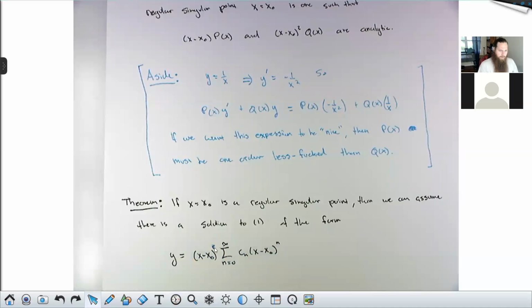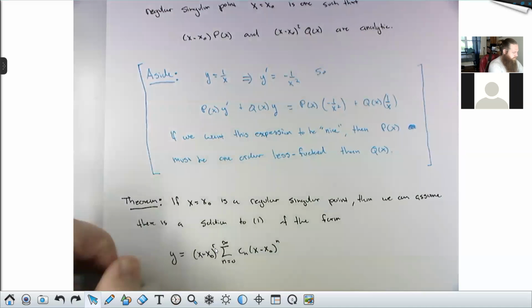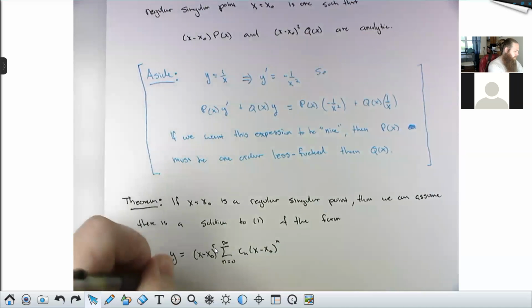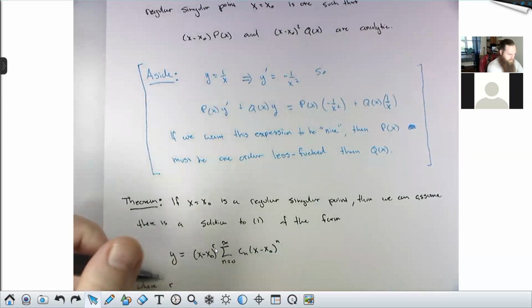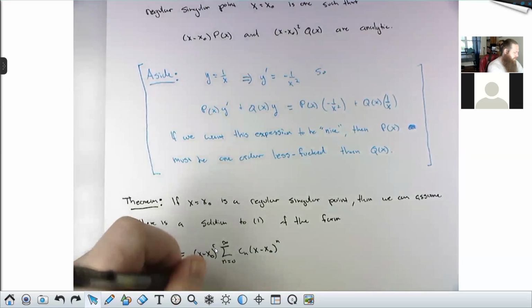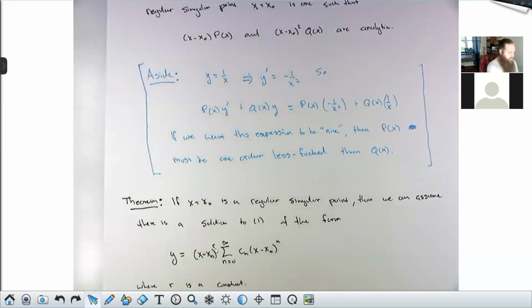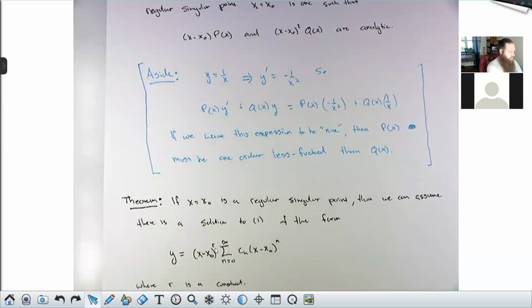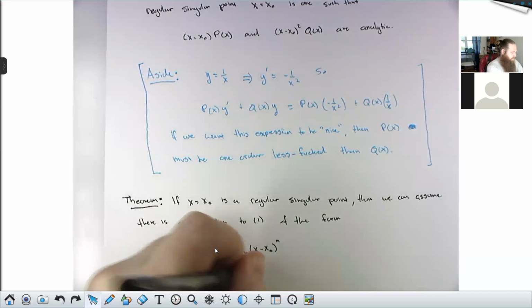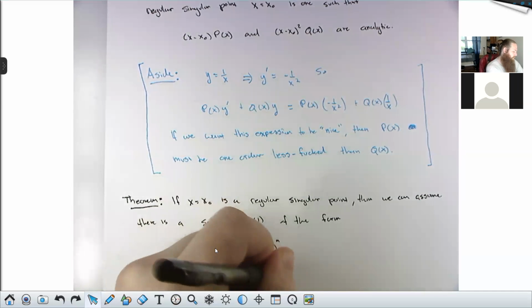The catch is we don't know what R is. So where R, generally positive, is a constant, right? If R were negative, then that term would be making things worse. Constant, which we need to find.